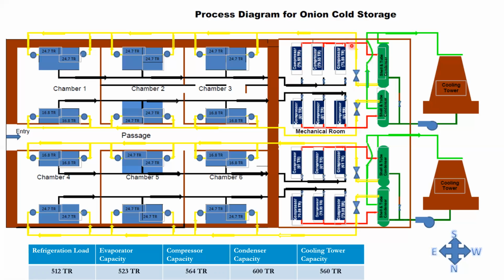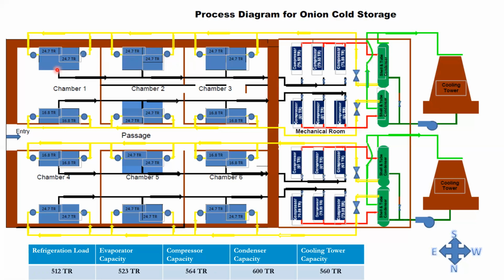So the common discharge line goes to the condenser. After condensation, the yellow color is used for the liquid line. A proper shut-off valve is also used to stop the supply. Then this goes to respective evaporators, and every evaporator has an expansion valve immediately at the entry of the evaporator. So this way the cycle is completed.